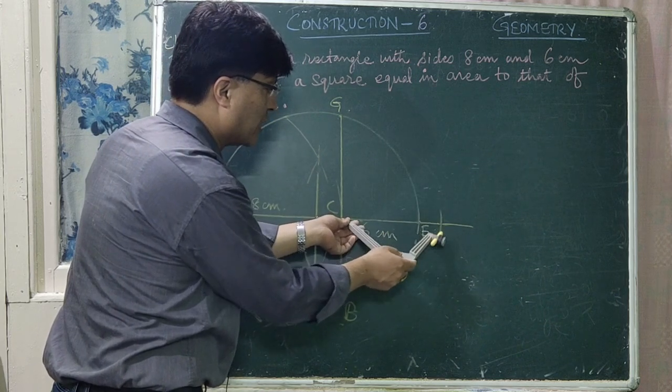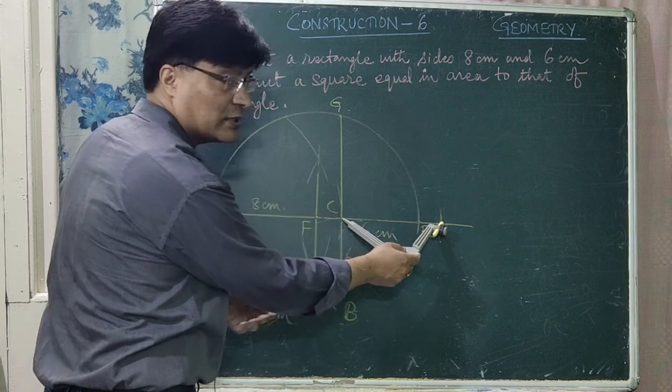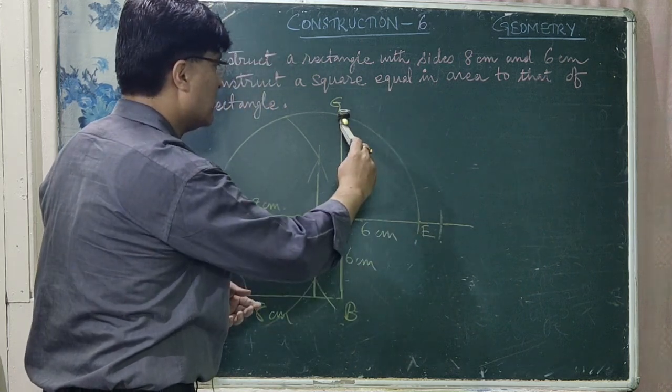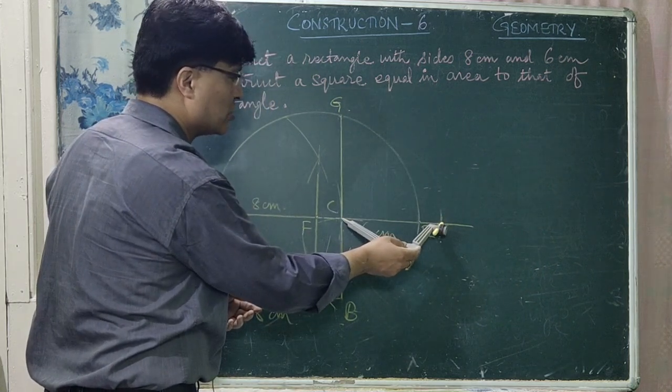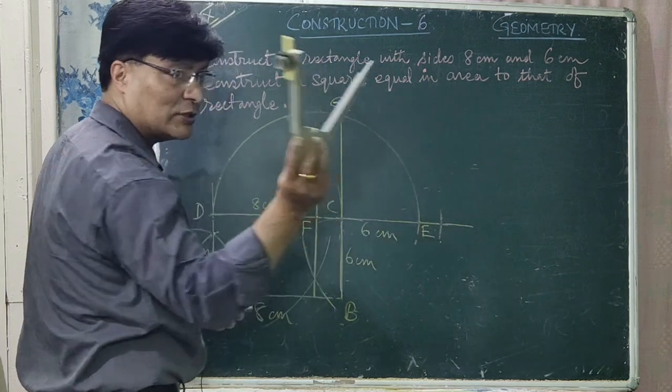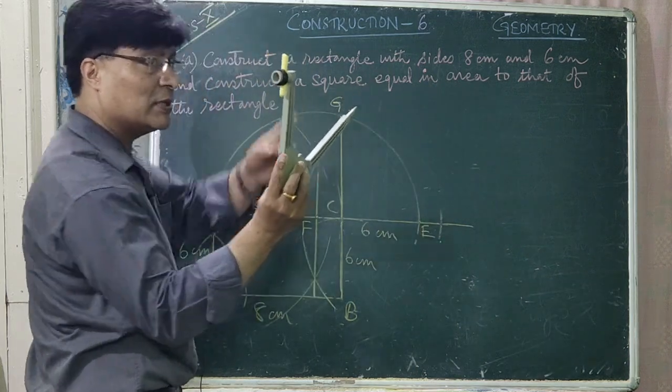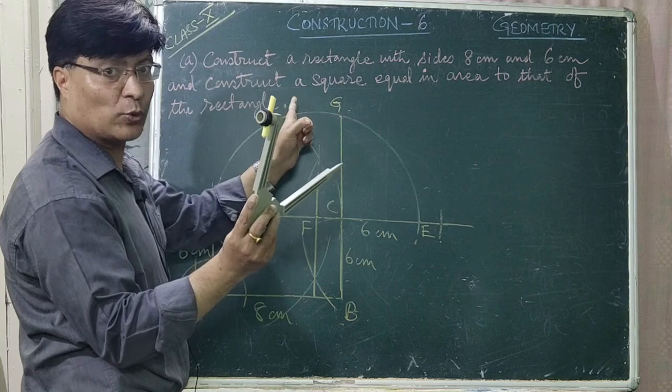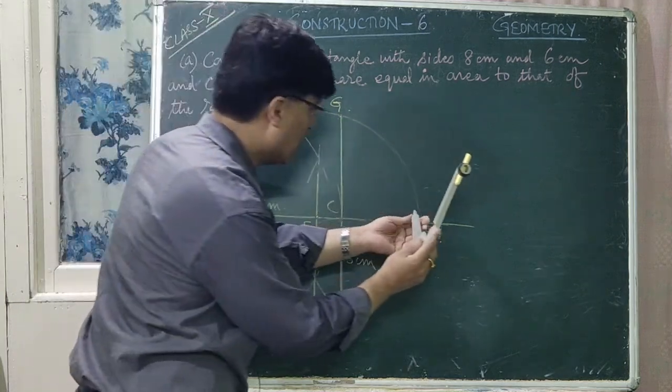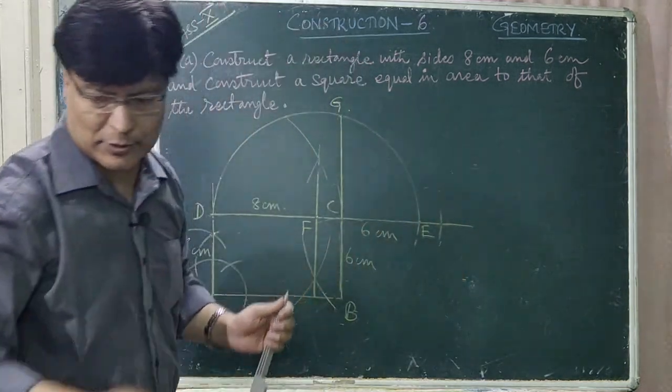Now CZ is measured. Now from C you cut this straight line at this point. This is of length CZ. Don't change this arc now, because this is the length of a square.